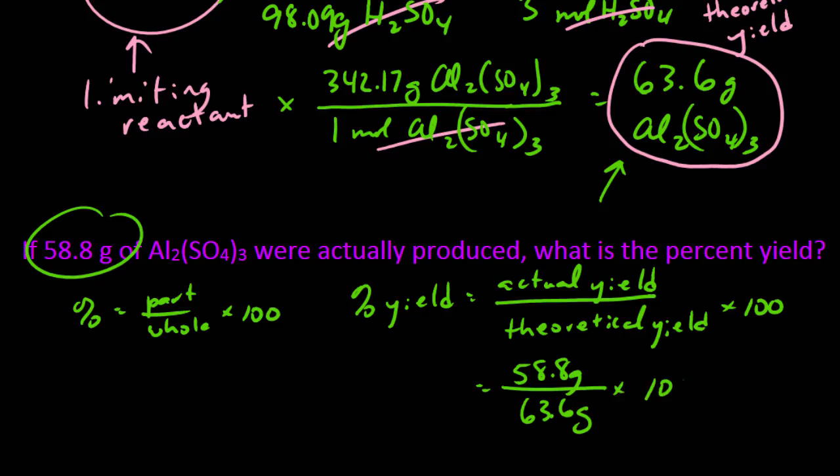And so if we take one divided by the other, and of course if we really had the complete units, we'd have the grams of aluminum sulfate on both the top and the bottom, but those units are going to cancel out anyhow. So we take 58.8 divided by 63.6, and we wind up with an answer of 92.5% yield. And this then would be a percentage yield calculation.